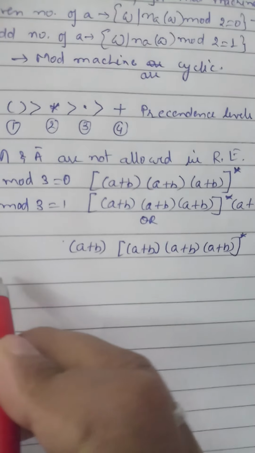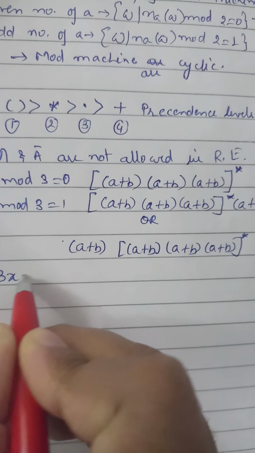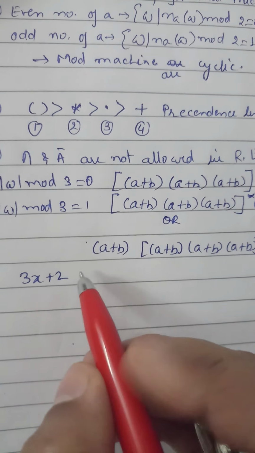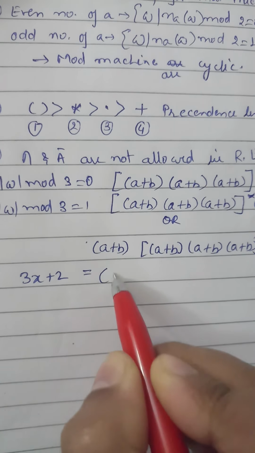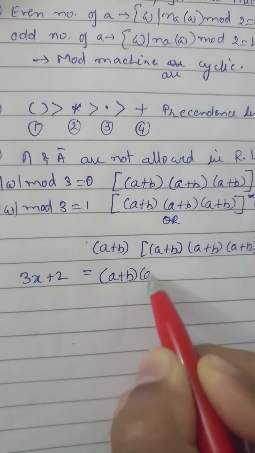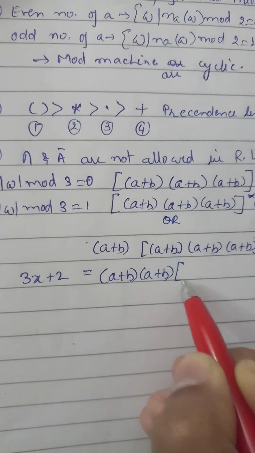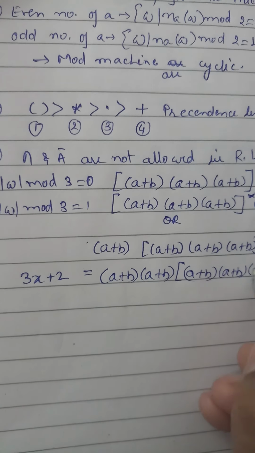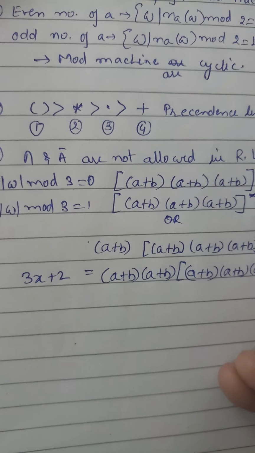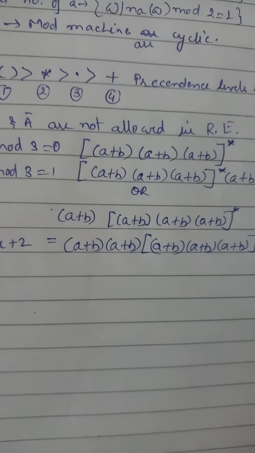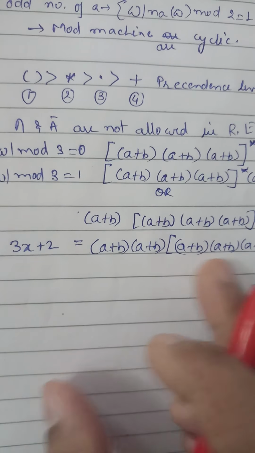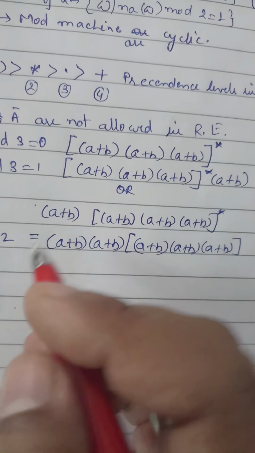Next, how are we going to write 3x plus 2? For 3x plus 2, how do we write the regular expression? We write (A+B)(A+B) followed by (A+B)(A+B)(A+B) whole star. This part is for 3x, and this is for 2.